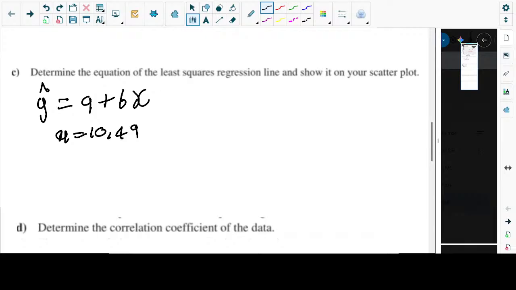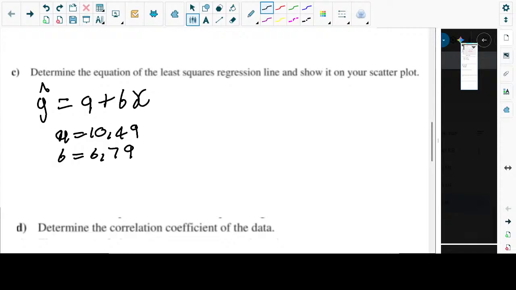Then we need B. We have B as 7.688, and rounding off to 2 decimal places it's 7.69.